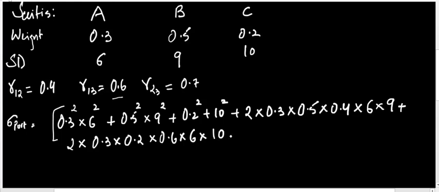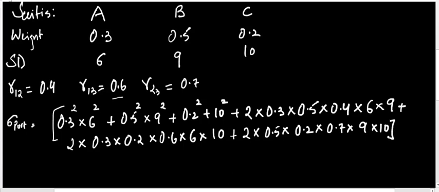Now I will move on to security 2 and 3, where I will use 2 times the weight of security 2, that is 0.5, into weight of security 3, that is 0.2, multiplied with the coefficient of correlation between security 2 and 3, multiplied with the standard deviation of security 2, and multiplied with the standard deviation of security 3. I have to take its root, so the standard deviation of this portfolio will be equal to 7.31%.